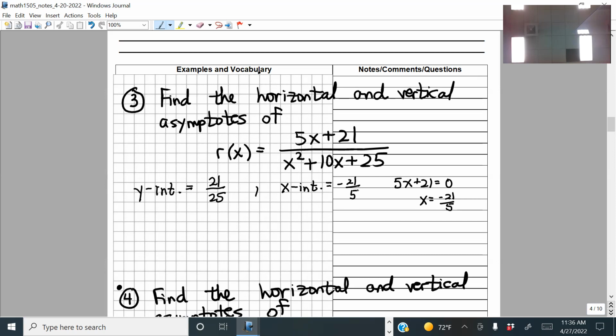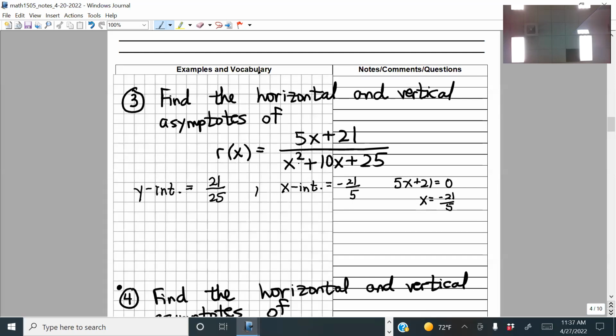So let's start with the vertical asymptotes first, because those might be the hardest ones to find, right? How do you find the vertical asymptotes? What do you have to do? Set the denominator to 0, right? Because you're looking for numbers that are excluded from the domain, right?